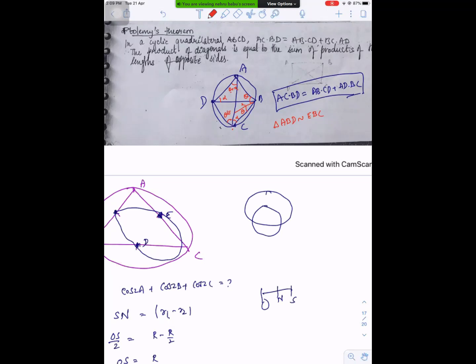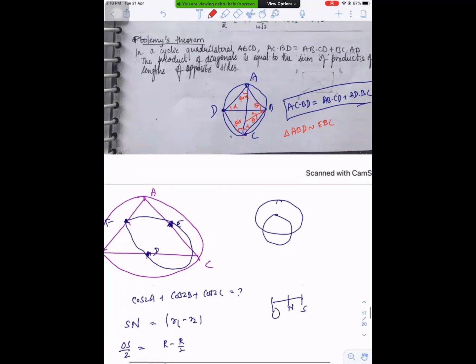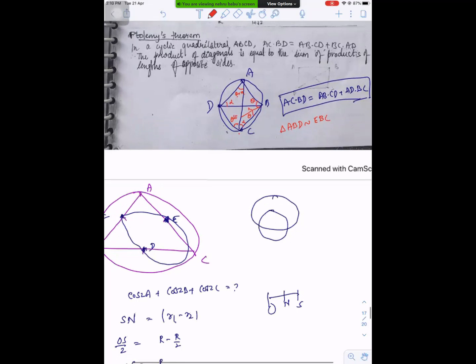Okay, just try this proof. Still, if you don't get it, in the next class I will say. The hint is this: you have to choose a point E such that you will get this. Just two lines only. Will you try, or do I have to prove it?